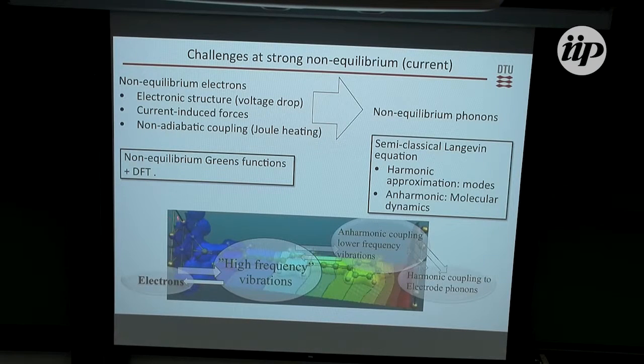And this is where the vibrations can couple to the typically heavy metallic electrodes and get rid of the heat. So you need the coupling to the electrons, these anharmonic couplings, and the coupling to the phonon electrodes in order to describe this even in steady state.